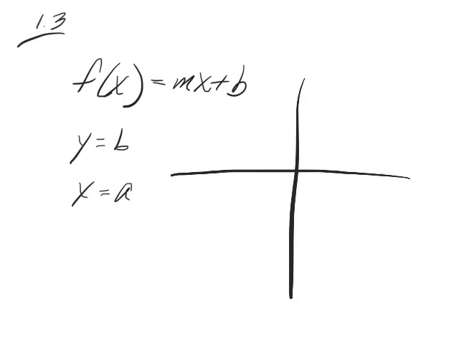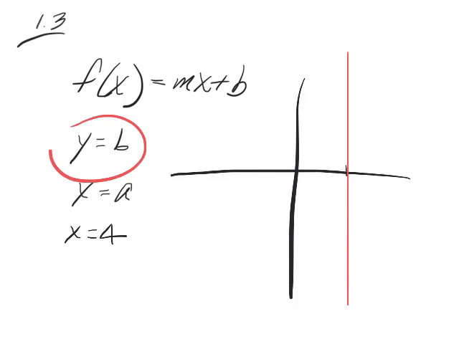So if we have x equals 4, that gives me a vertical line right here. And one of the things that you need to realize about a vertical line is it is not a function because it fails the vertical line test. So if x equals a, you'd have a vertical line. When y equals b, you would have a horizontal line.